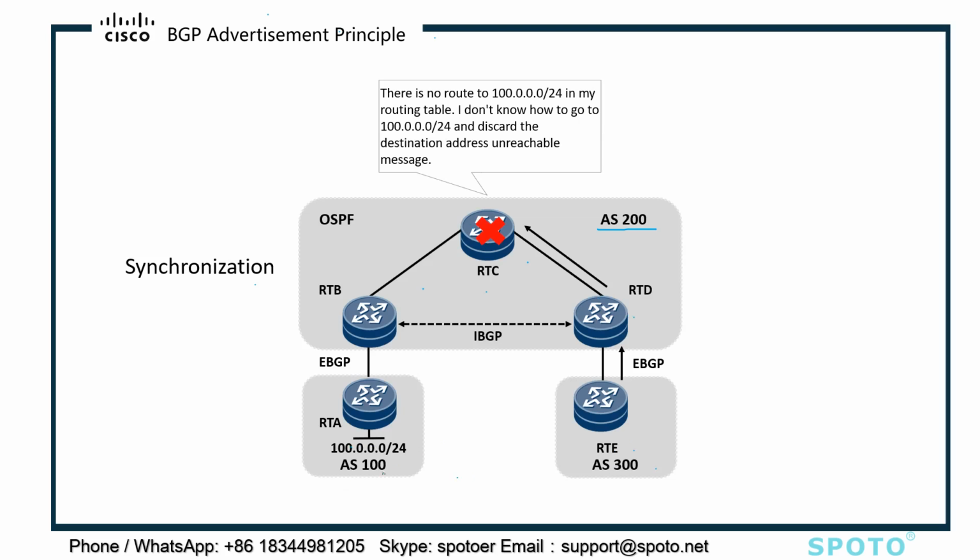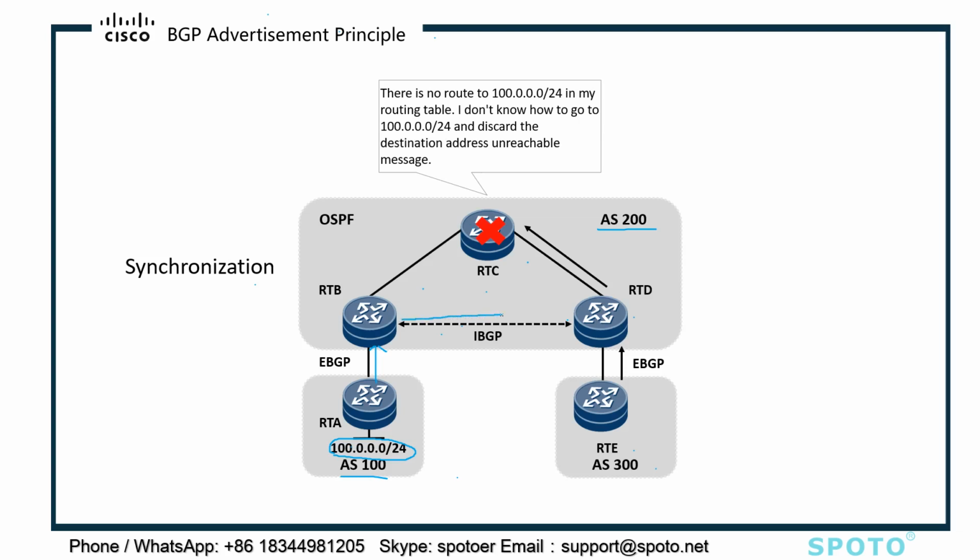In AS 100, we have a network segment, this network segment. We want this route to be advertised through A and B, and RTB can advertise this route to RTD. In the last class, we talked about establishing the neighbor relationship between RTB and RTD, so RTB can directly send the route to RTD.